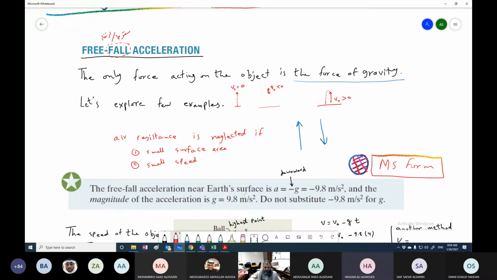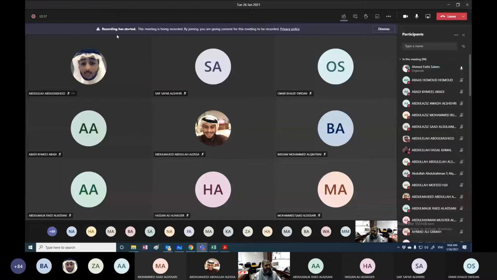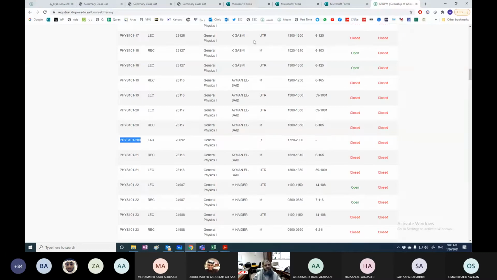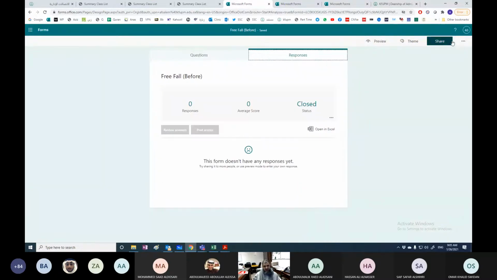Yes. الحمد لله. طيب, before we give further explanation, let me do a Microsoft form. How many students are there? سيف, بدأت تسجل؟ ما شاء الله مسجل اهو. عندي 94 students. طيب, أنا في عندي form, and with this form we will explore your understanding of this topic.